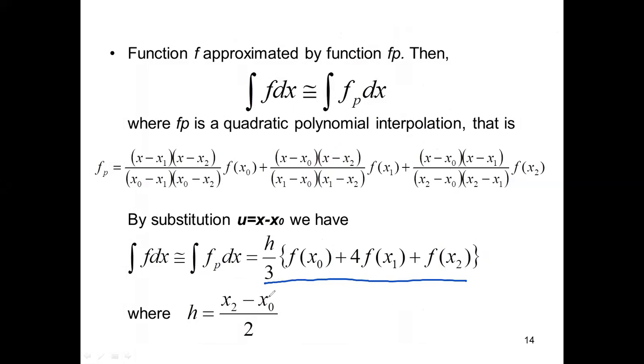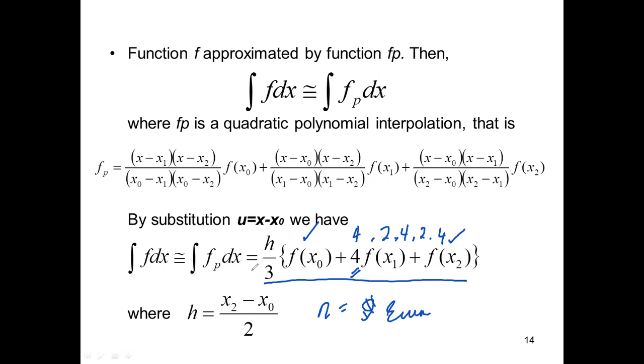So you have h over 3 and you have the function here at 0, so no multiplier. Here you have a function at the end, the upper limit. And in the middle, class, actually you only see a 4 here, but in the middle, you have an alternation of 4, 2, 4, 2, and it should be ending with 4. Requiring you that your n for Simpson's rule should be an even number.